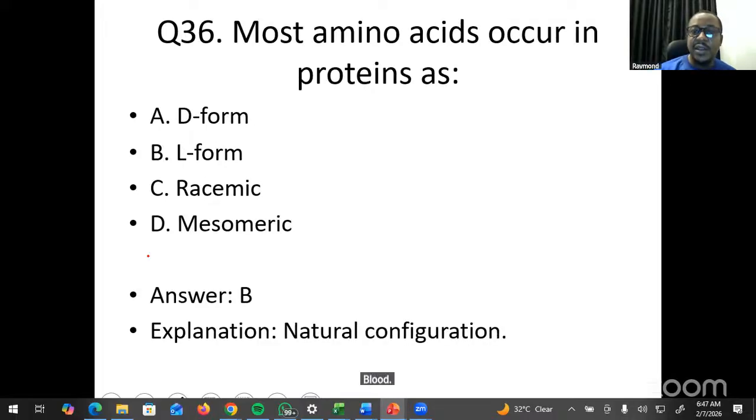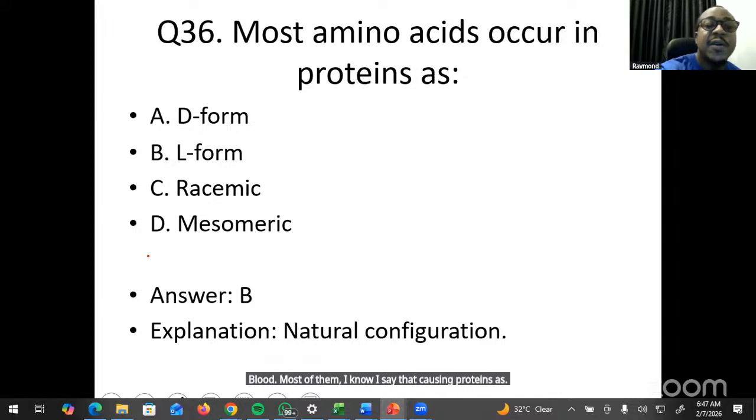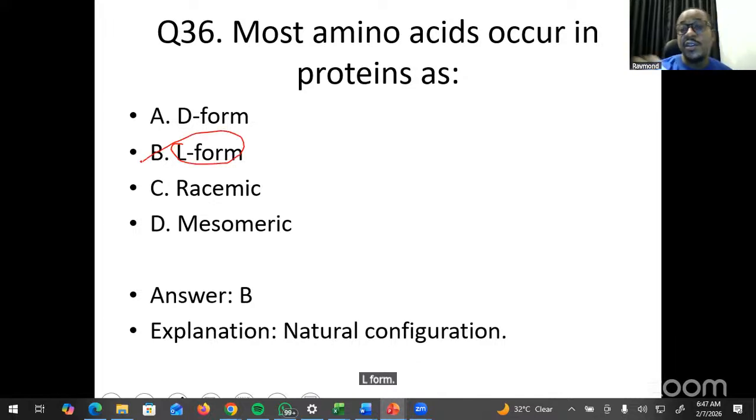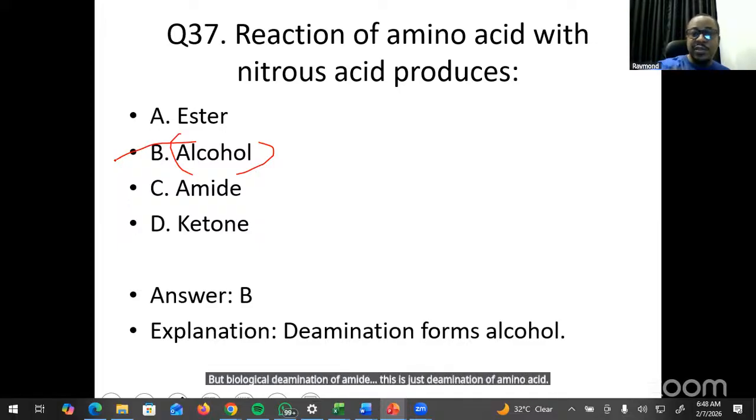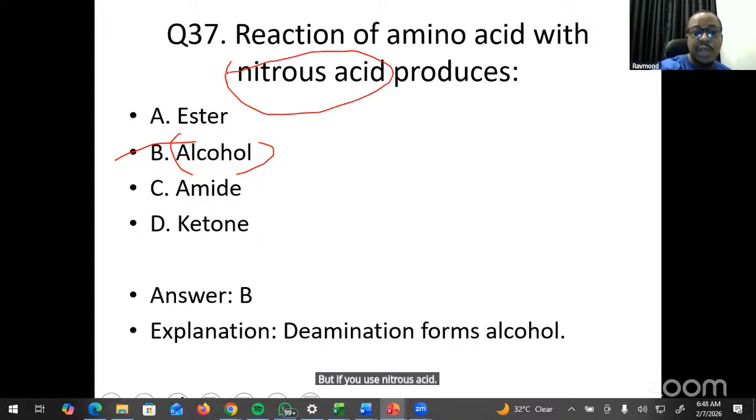Most amino acids occur in proteins as the L form, while that of sugar or glucose is the D form. For amino acids, L form is the natural configuration. The reaction of an amino acid with nitrous acid will produce alcohol. This is just deamination of an amino acid. If we use nitrous acid, we produce alcohol.